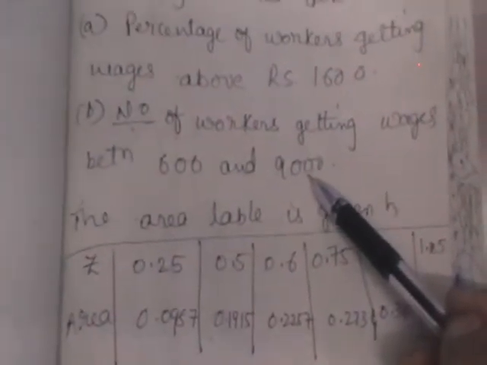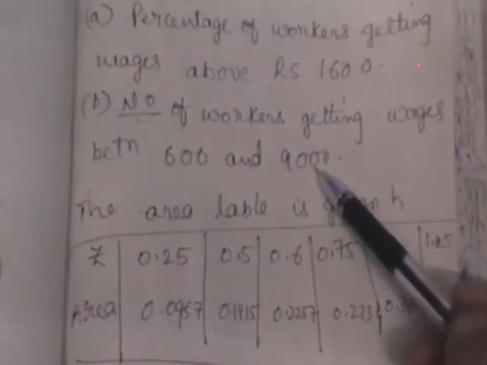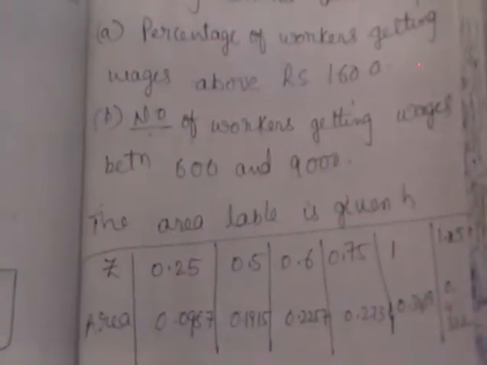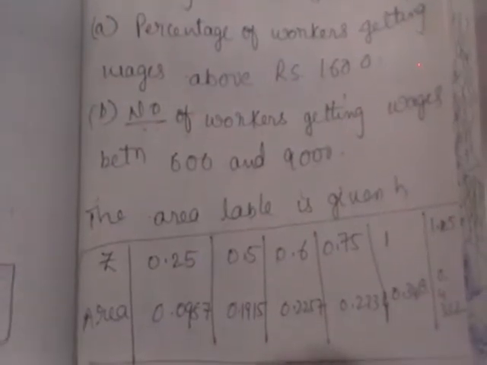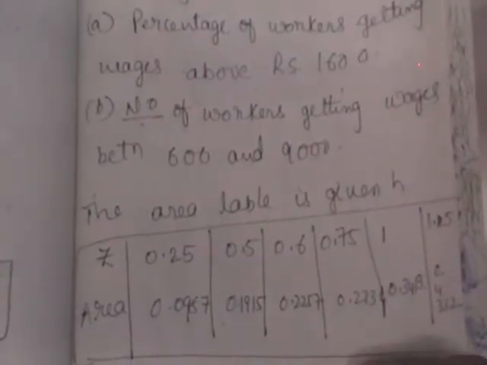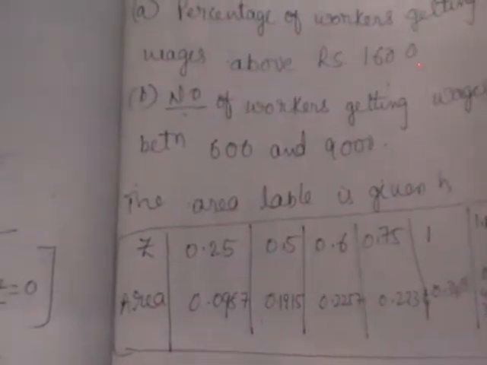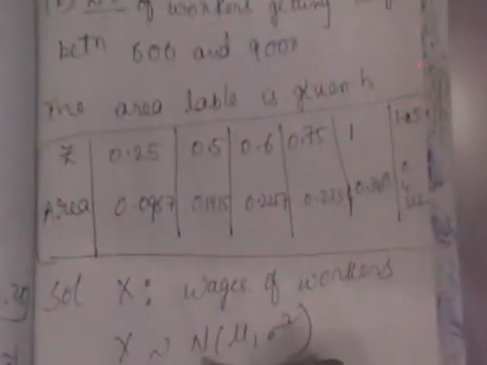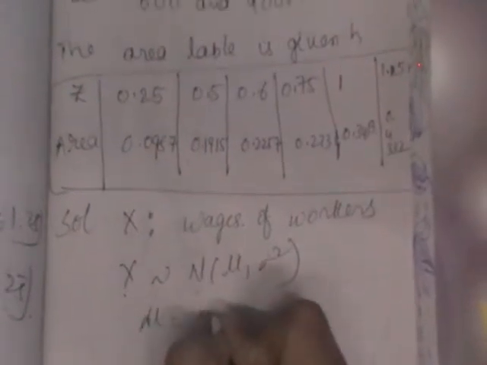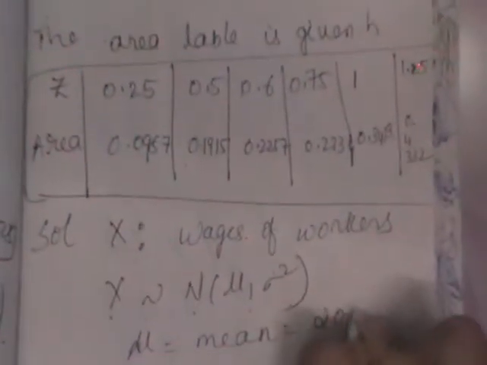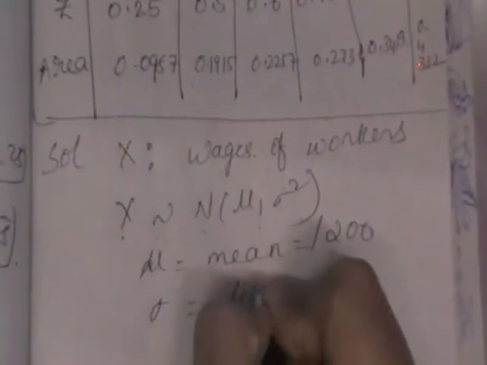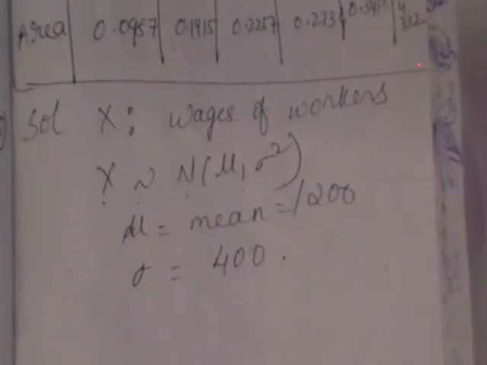Consider x as the variable indicating the wages of workers in that factory. Then x follows normal with mean mu, variance sigma square. The mean salary is 1200 and the standard deviation sigma is 400.